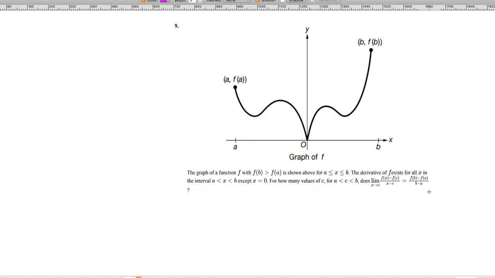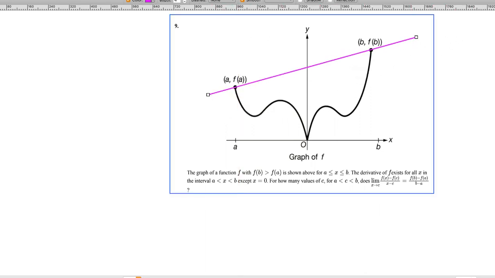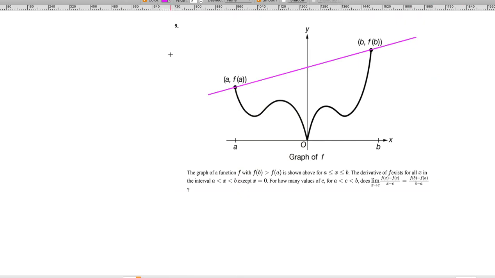Now, I'm going to interpret the right side of this equality first. So f of b minus f of a over b minus a is the slope of this line. So let's actually make it a straight line. The right hand side we should see is equal to the slope of this line right here, because I have these 2 points, this is one point, this is the other point.